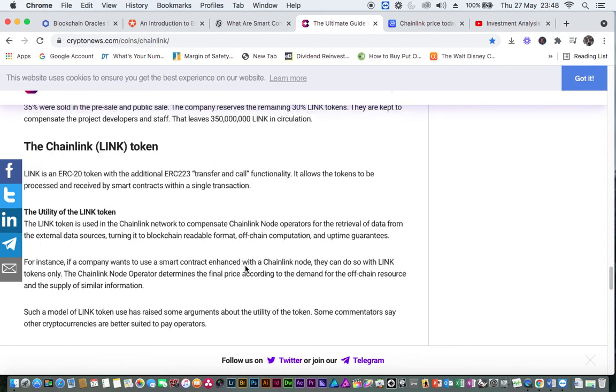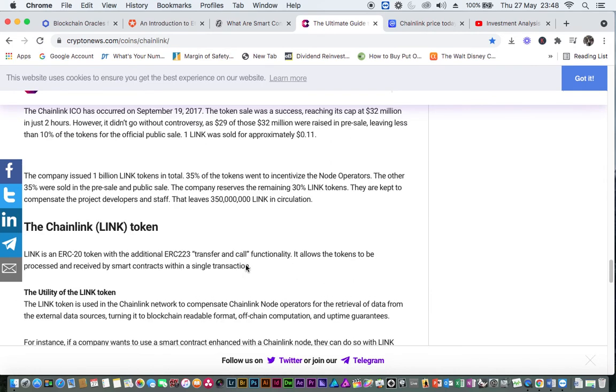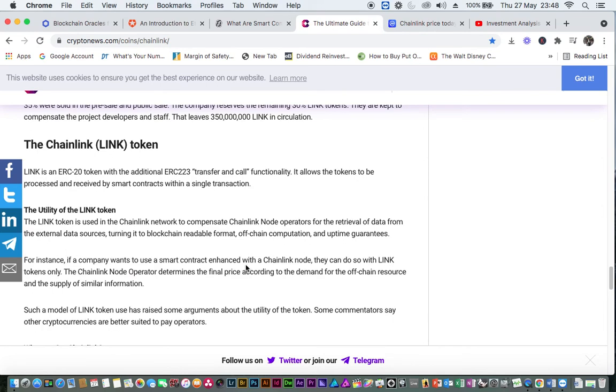That said, now let us look at the utility token. You see, the LINK token is used in the Chainlink network to compensate Chainlink node operators for the retrieval of data from the external data source, turning it into blockchain-readable format, off-chain computation, and uptime guarantees.